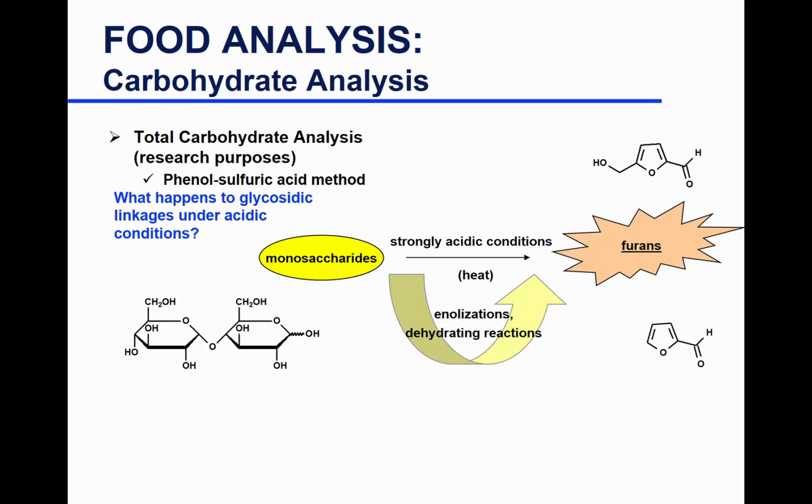Okay, so the method we're using is the phenol sulfuric acid method, and the principle of it, from its name, is that there is a phenolic substance that you're going to use and sulfuric acid.